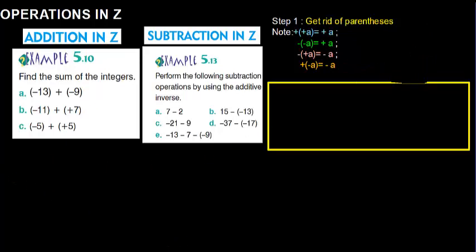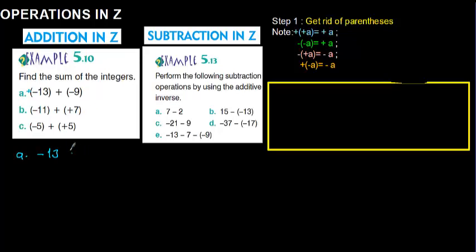If I get rid of this parenthesis with respect to this rule, for the first three I'm going to do it here. The sign which is not given means that I know it is plus. That's another rule: if it is not written, it is plus. So plus and minus is going to be minus. The first one is minus 13.